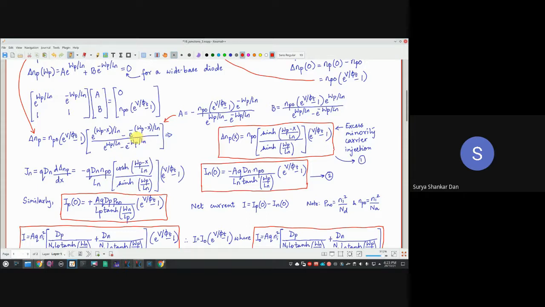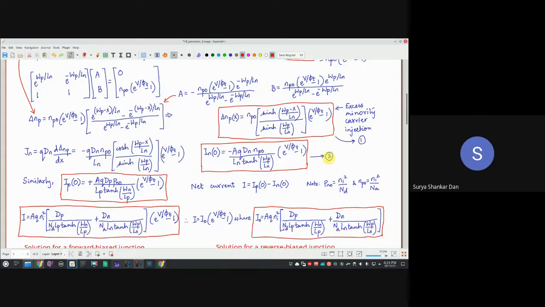Now notice that I have written this in the form of sine hyperbolic. What we are essentially dealing with is the excess minority carrier injection, or simply injected minority carriers. We'll be using this equation again later on, so that's why I have put the numbers.